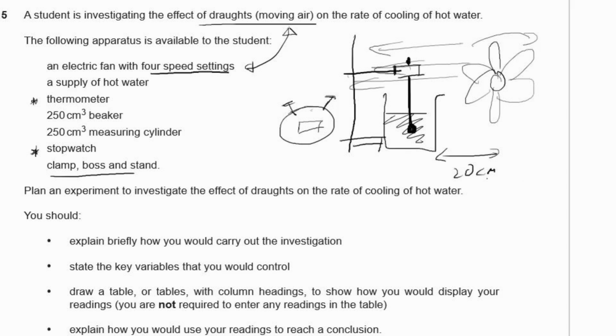And I'll probably set it up so I've got the same start temperature, then I start it off, time for 5 minutes, and at the end of 5 minutes I'll measure how cold the water is, how much it's cooled by, so the new temperature of the water. Alright, that's pretty doable, and then I'll change the fan speed setting, and we'll repeat that, and then afterwards we'll look at the table, see which one has the greatest temperature drop for that 5 minute time period.